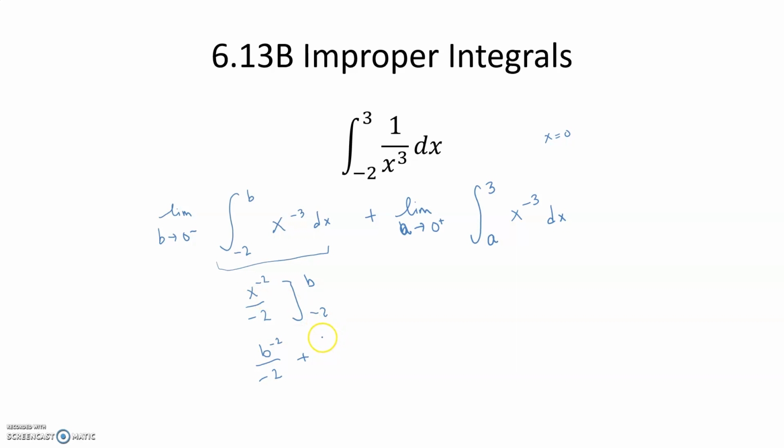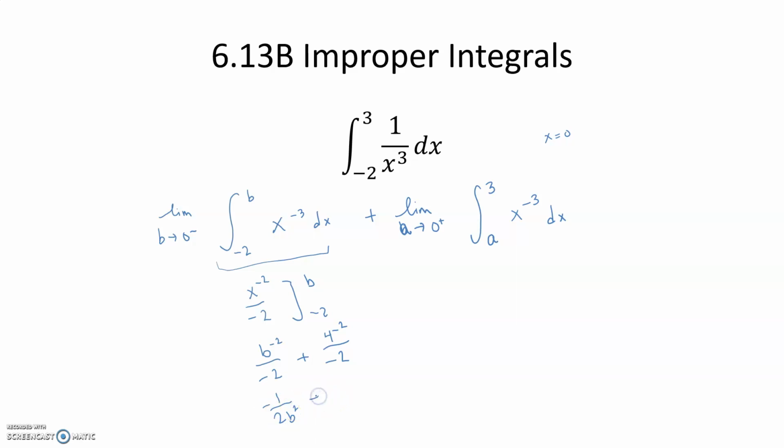So negative 2 to the negative 2 would be 4 to the negative 2. As b approaches 0, if I rewrite this a little bit, I have 1 over 2b squared.